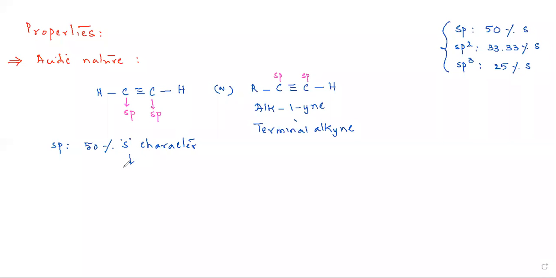With 50% s character, as s electrons are much closer to the nucleus, the carbon will have more electronegativity.